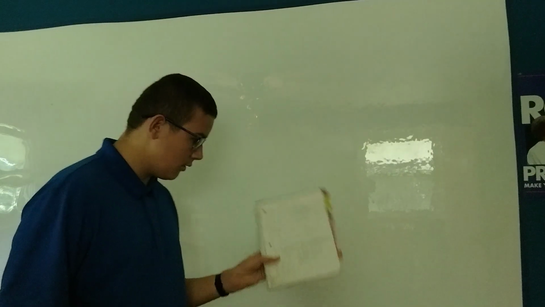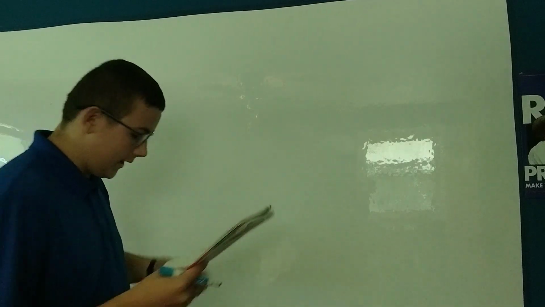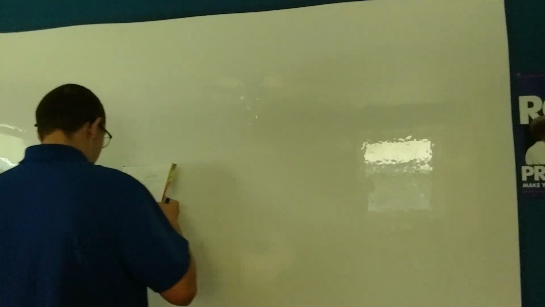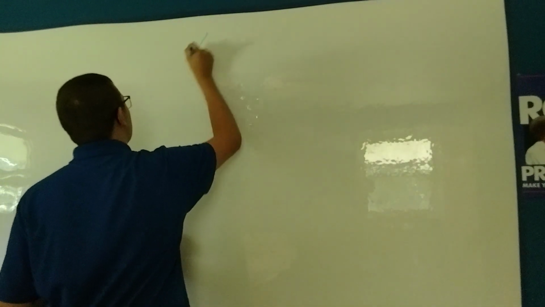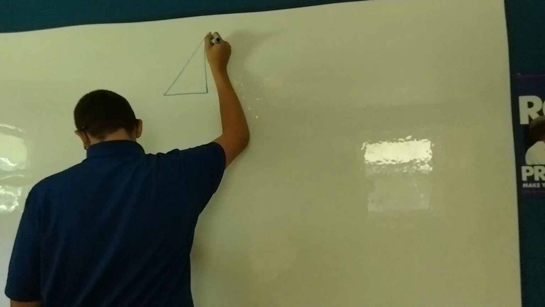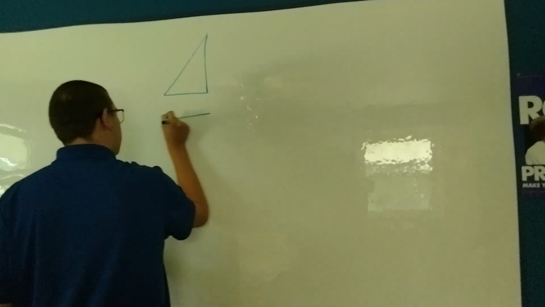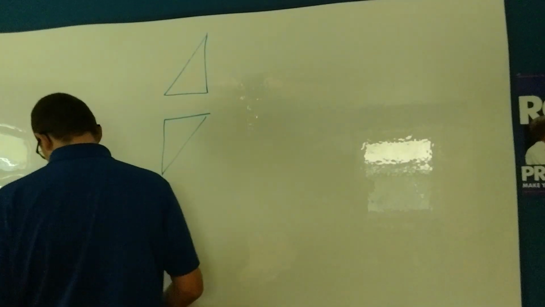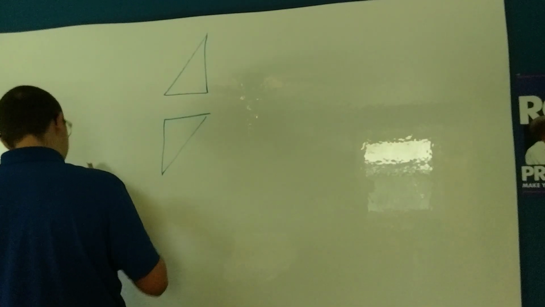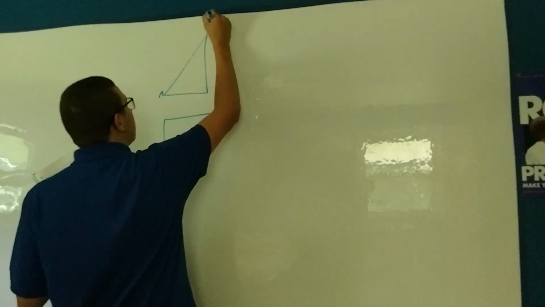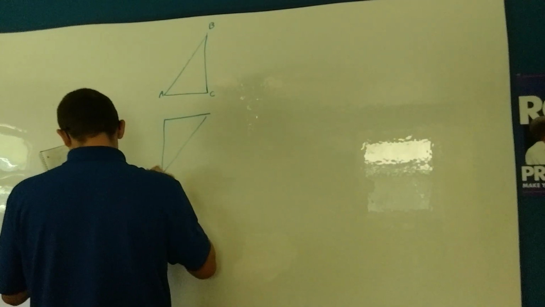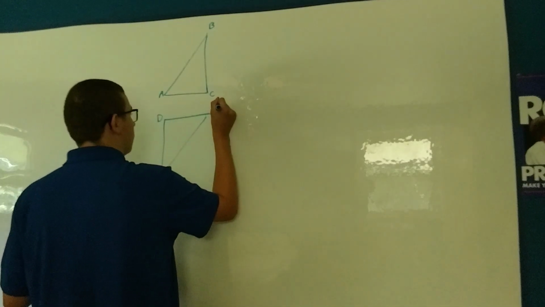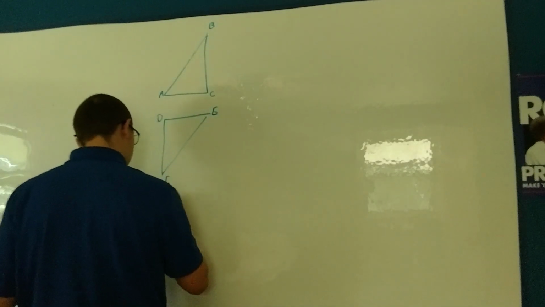Next example. Hopefully I don't screw up this book here. We're going to have two triangles like this. Triangle ABC, like that, and DEF, like that.